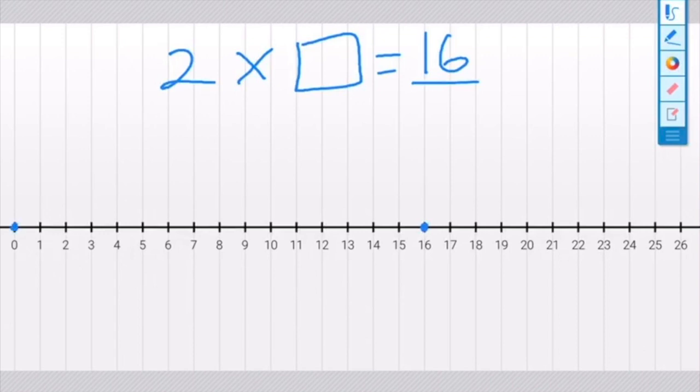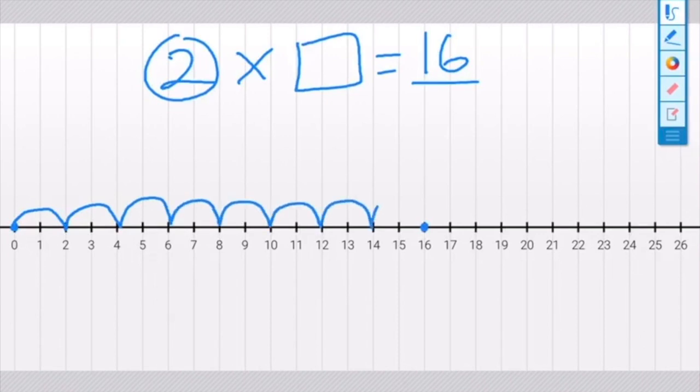And I can tell that my only other number, my other factor, is 2. So I'm going to count by 2s. 2, 4, 6, 8, 10, 12, 14, and 16. So how many times did I make that jump? 1, 2, 3, 4, 5, 6, 7, and 8.